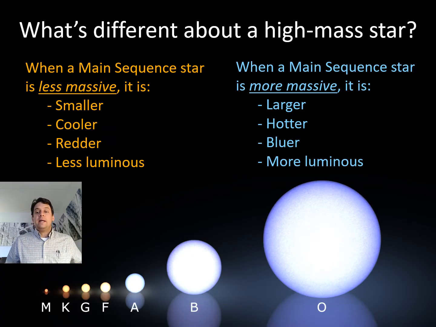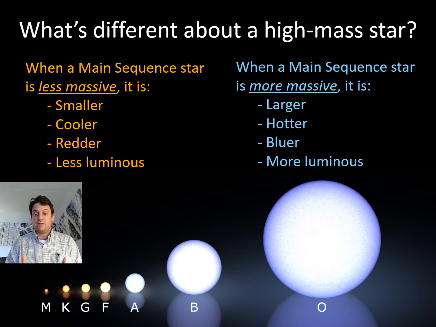So why are these stars different? Why does it make a difference what the mass is? Well, as I've said a number of times, almost everything about a star is determined by its mass. And we've talked about several of these things, but just to remind you and set the stage for what we're going to focus on today, when a main sequence star is less massive, so when gravity was forming that low mass star out of the interstellar medium, it's going to be smaller, right?